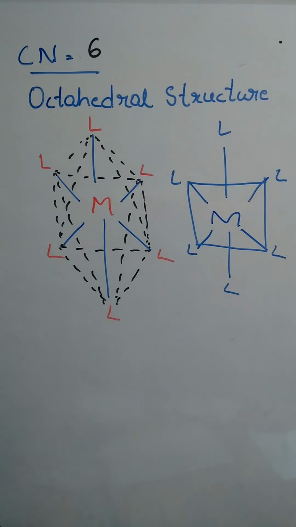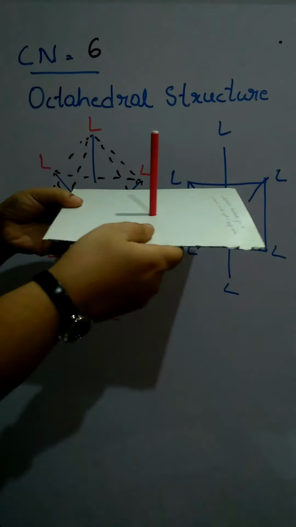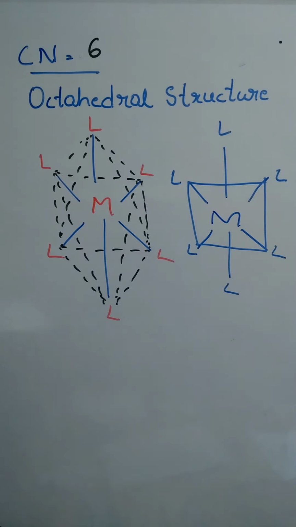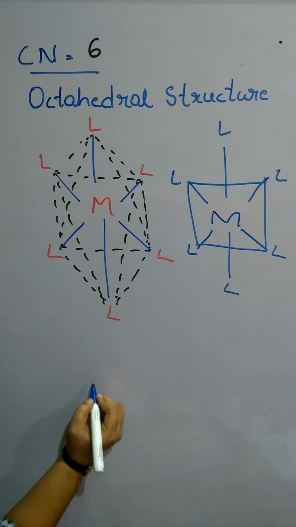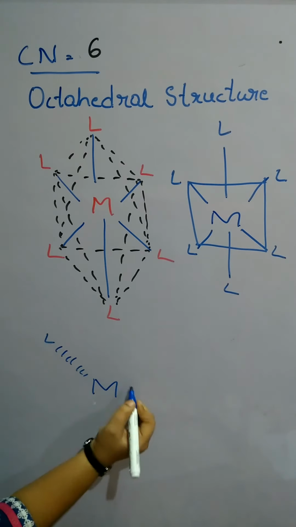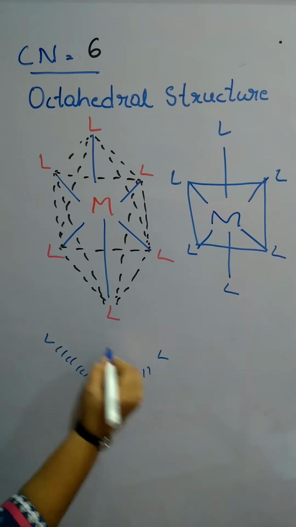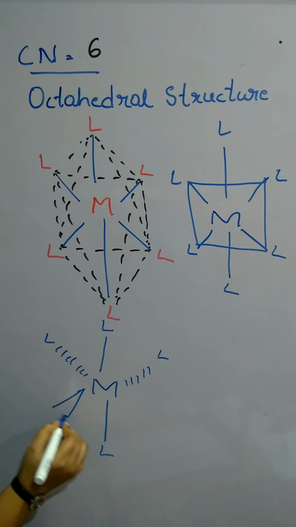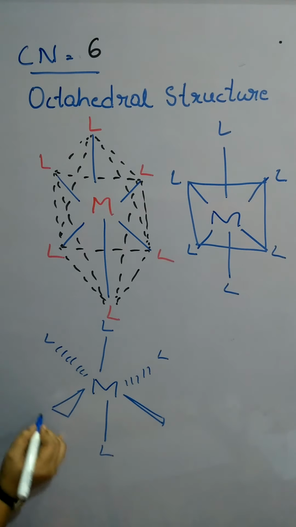So as a structure, we can show it this way: four in a plane, one above the plane and one below the plane. That is what the octahedral structure is, and we can even write that structure in this form also: two ligands far from the observer, two in a plane, two near to the observer.